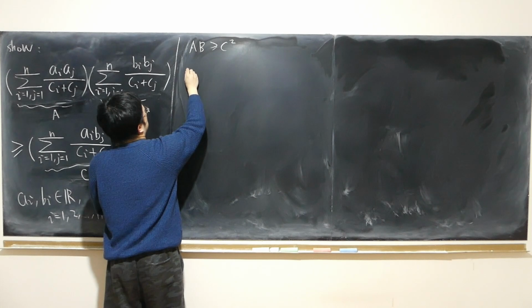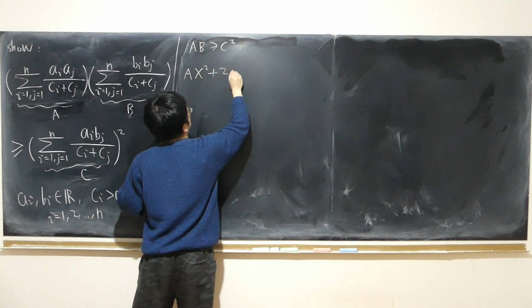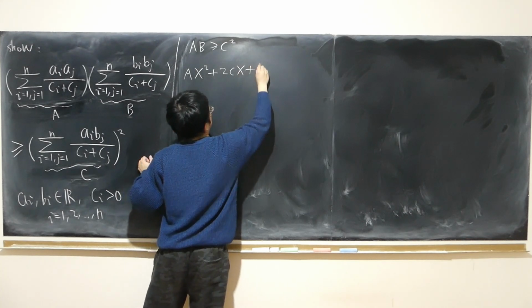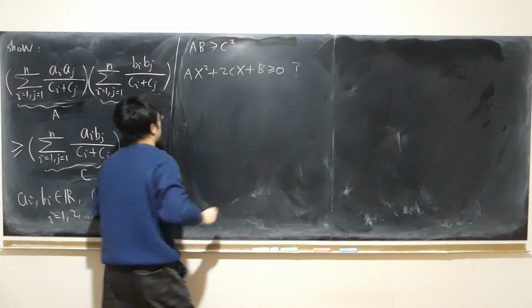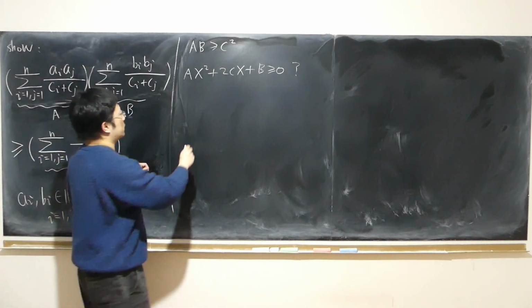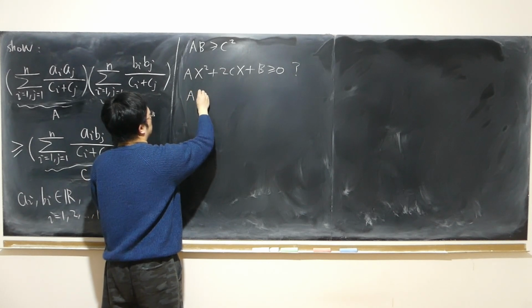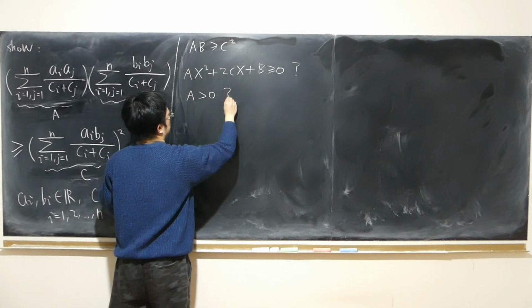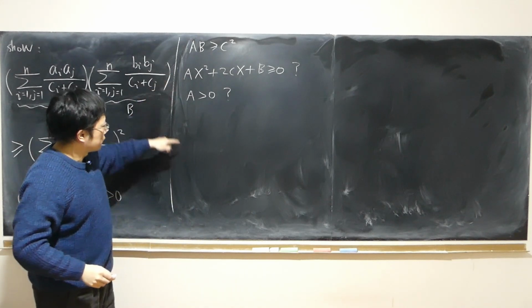is to reconstruct a times x squared plus 2c times x plus b greater than or equal to 0. Can we prove this? Because if that's the case, then we can immediately say, okay, we also have to prove a is strictly positive. Right? So that the graph of this quadratic looks like this.